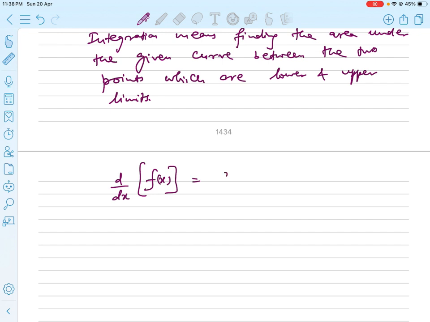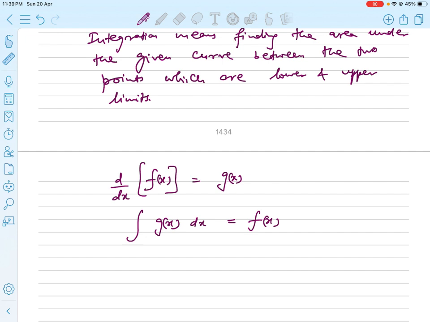So let's assume that that function is g(x). So I take the derivative of f(x), I get g(x). Now if I integrate g(x) with respect to x, I will get back f(x), right? So this is the relationship between differentiation and integration.